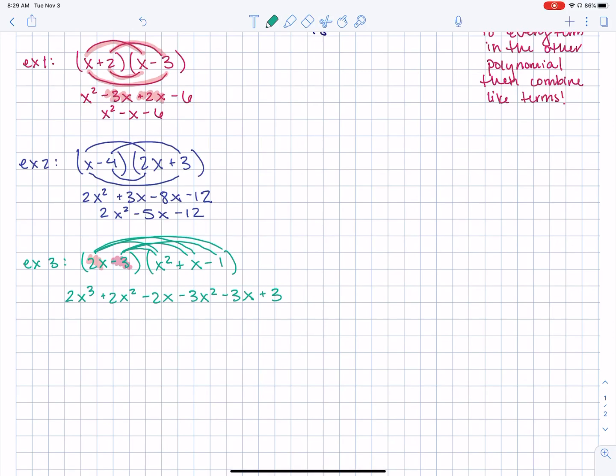So we have a 2x to the third, and then I have a 2x squared and a negative 3x squared, so minus x squared. I have a negative 2x and a negative 3x, so that's going to get me negative 5x and then plus 3.